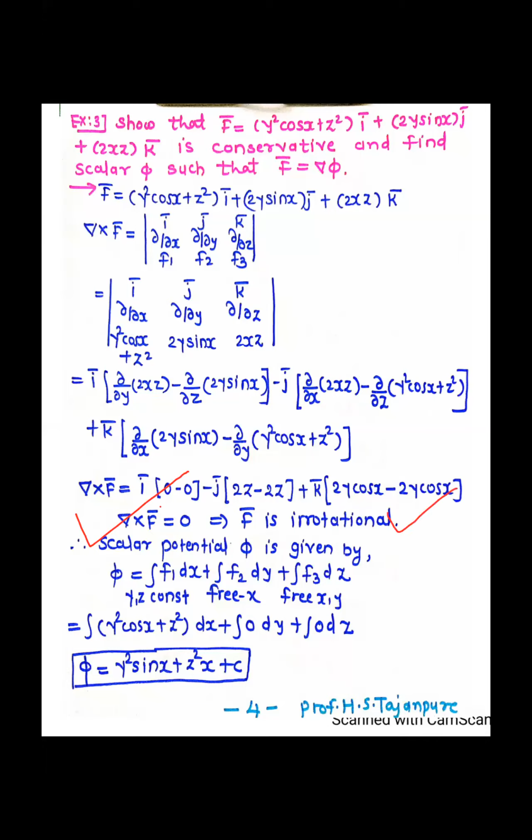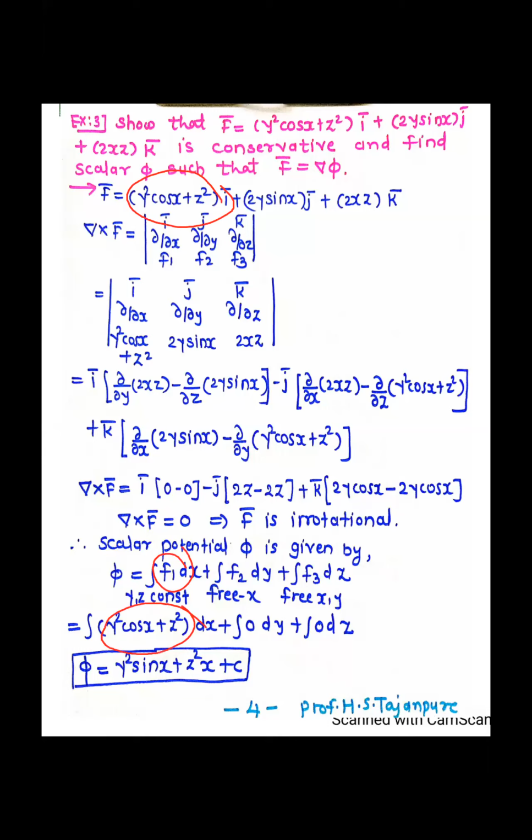Now we'll find the scalar potential phi, which is given by integration of f1 dx plus f2 dy plus f3 dz. Here free of x, and here free of x and y. So substitute the value of f1 as it is. What is your f1? y square cos x plus z square is your f1. Now f2.